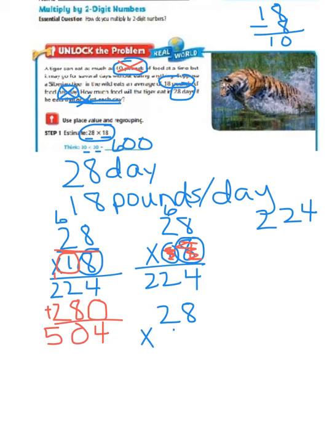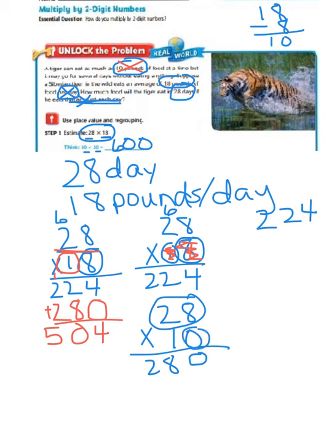So now we're going to multiply by 10. Now, we know that anytime we multiply by a number with a 0, we simply just need to add that 0 on. And then we multiply everything.